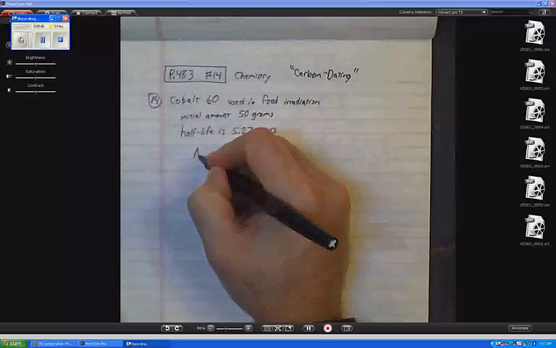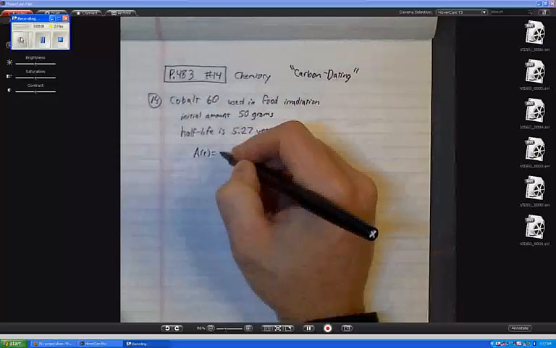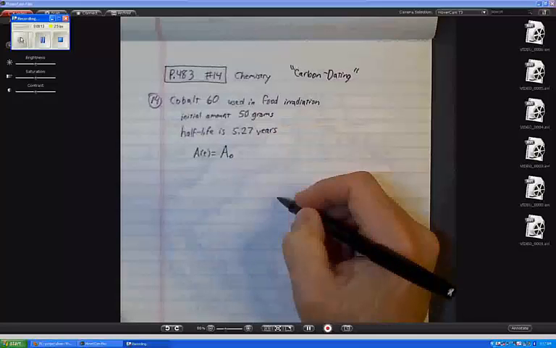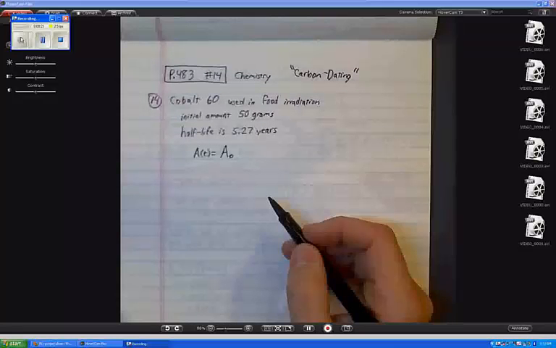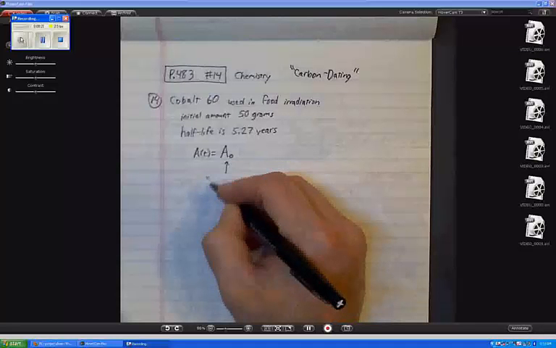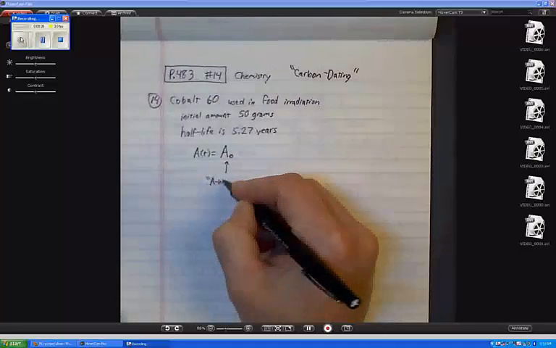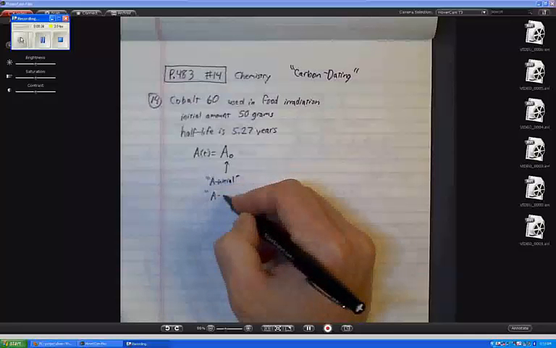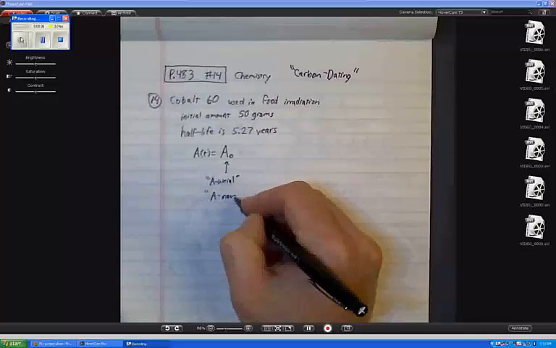A of t equals, do you know how to read that? A with the little zero? A sub zero, I'd sometimes say. Go ahead, Emily. It's called the initial amount, okay? Sometimes you'll read this as A initial or A naught, from the German for zero, okay?